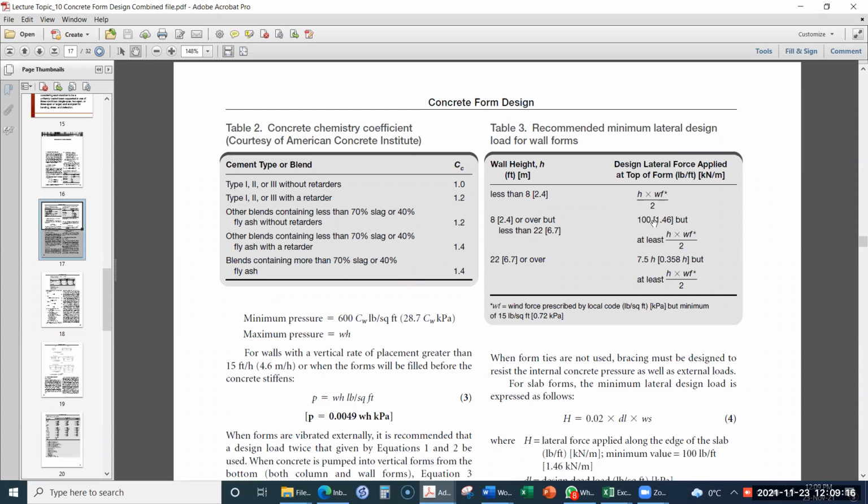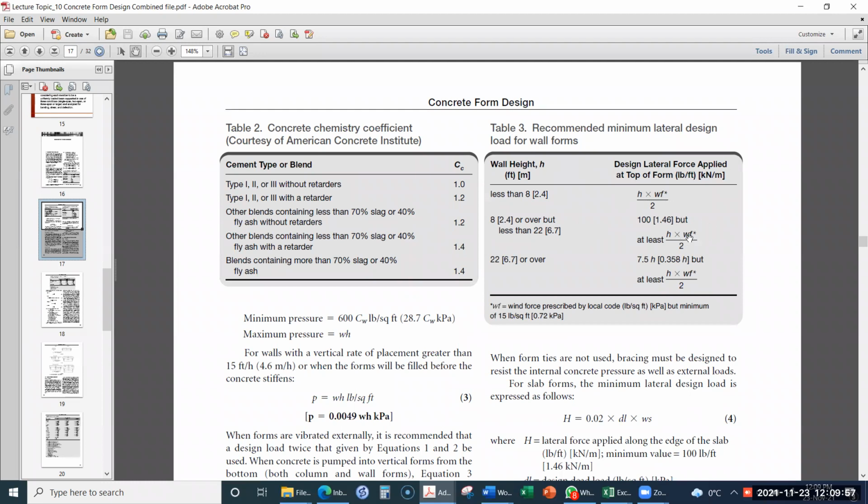It should not be less than 1.46. If this value H into WF by 2 is less than 1.46, we will take 1.46. If H into WF by 2 is greater than 1.46, then we will take H into WF by 2. So we will take the higher of the two values. However, it has already been said that the values given by table 3 are more stringent than the local wind force value.